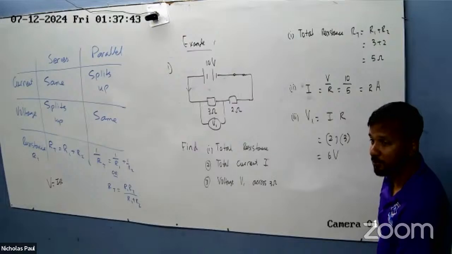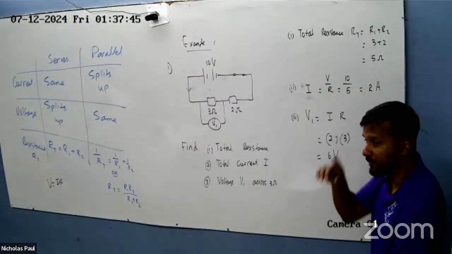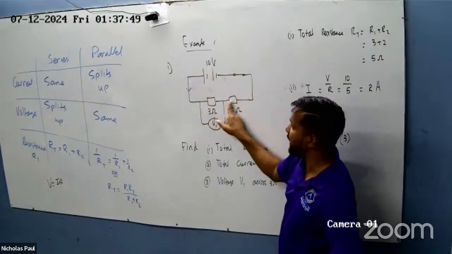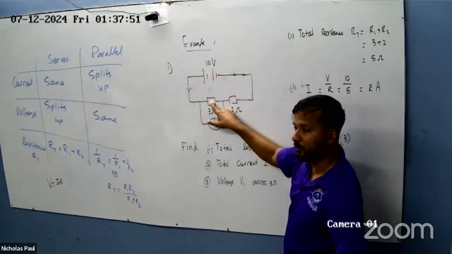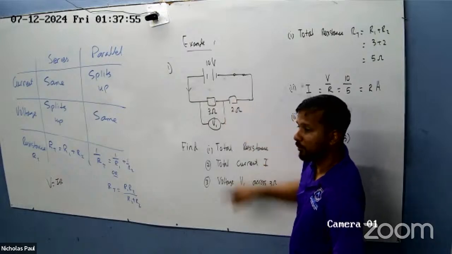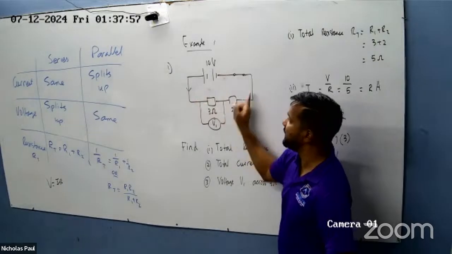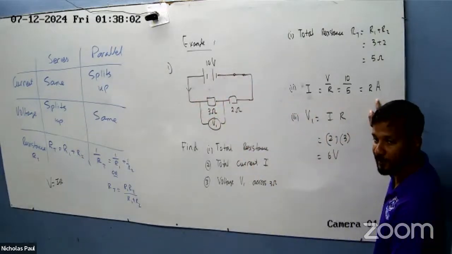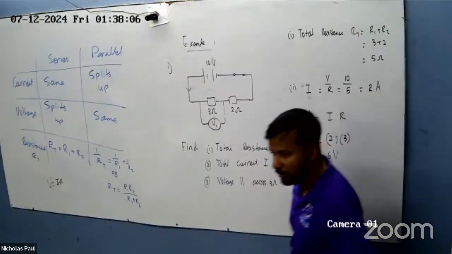Everybody okay with that? So the total voltage being supplied is 10, and it splits up here and here. If we worked out here is 6, we can figure out here will be 4, right? And current in this whole circuit is the same. It's always going to be 2 amperes. Are you okay with that? Copy down. Let's go again.